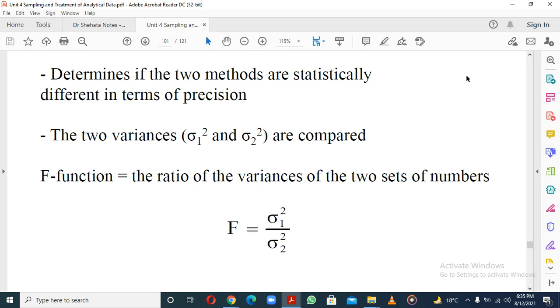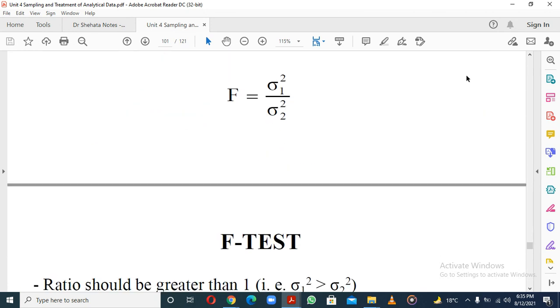So what is a ratio? We know a ratio by definition is a fraction, isn't it? So what you do is you get the variance by squaring the standard deviation. We discussed that yesterday.